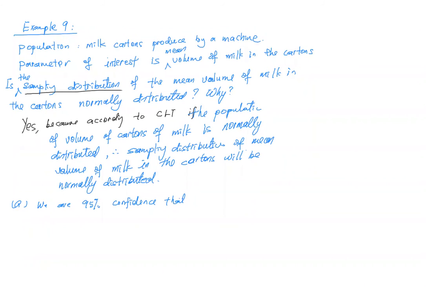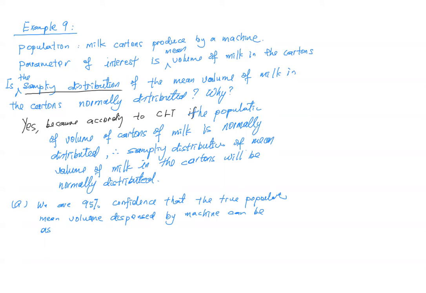the true population mean volume dispensed by the machine can be as low as, I try not to say within, okay?